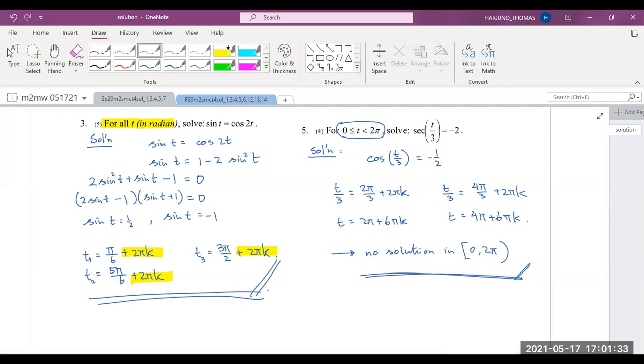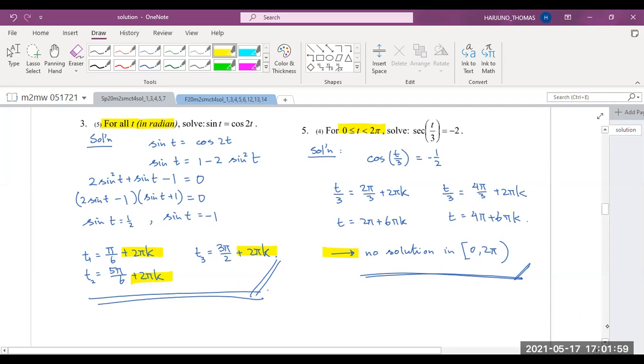Okay, let me mark it Y. So that's the reason we say no solution. It's not that it doesn't have any solution. No, it does have some solution, but it happens there's no solution in that first interval. Okay, that's for number 5.